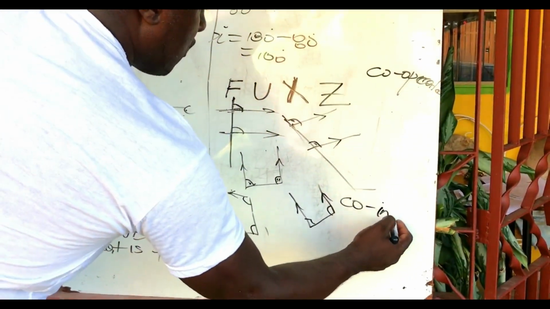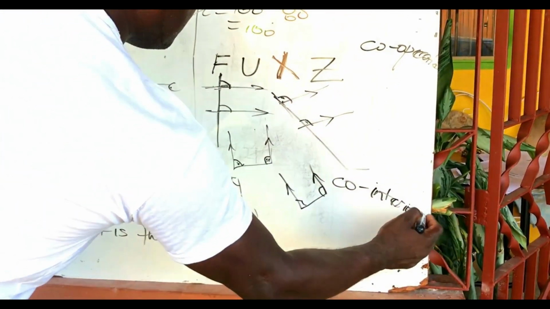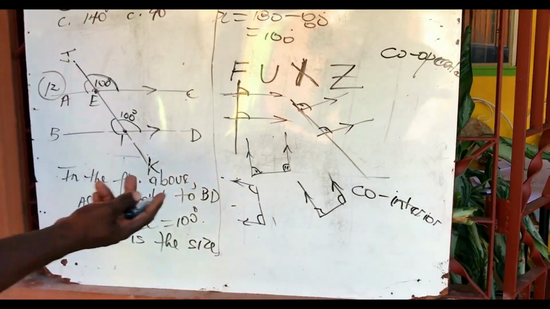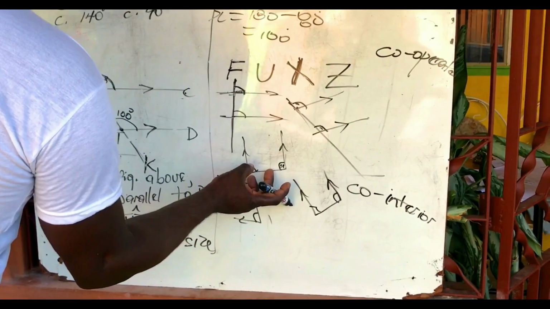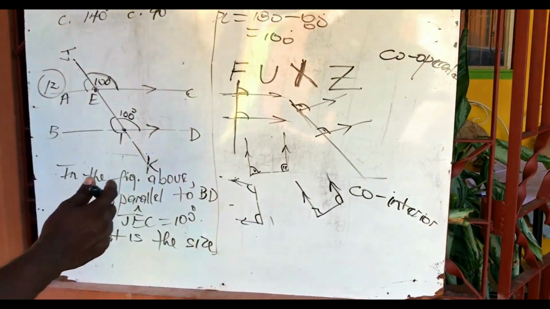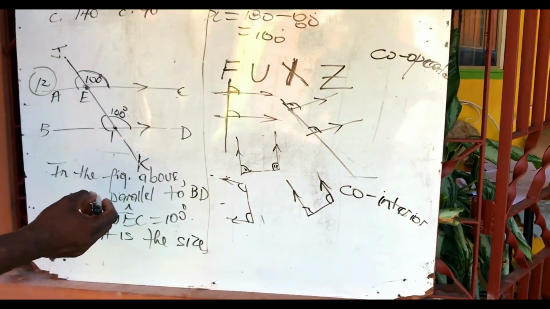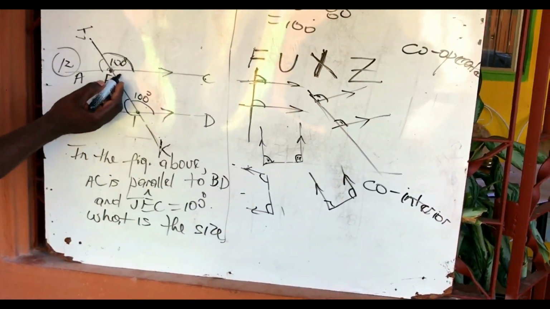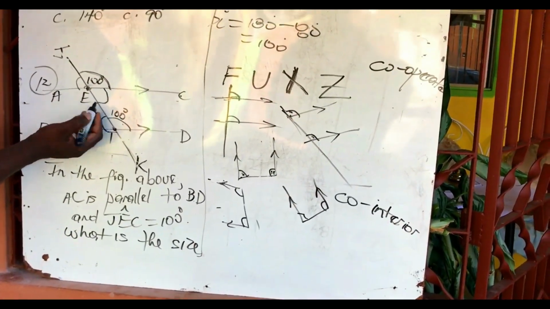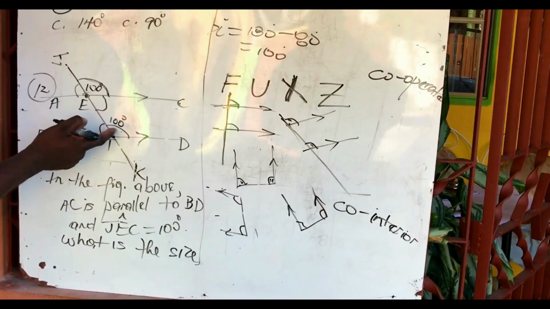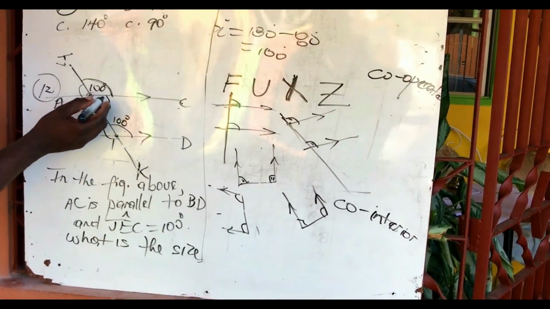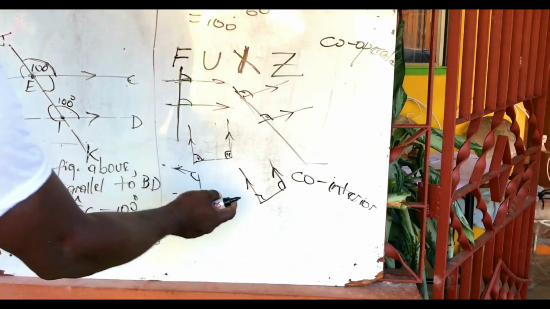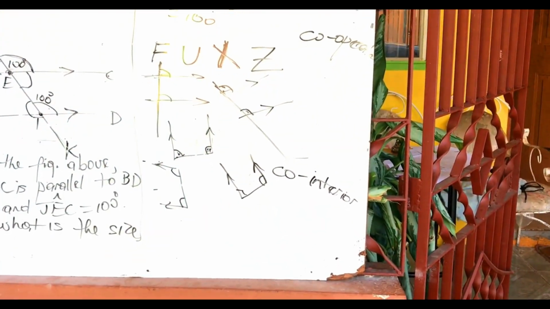Together, these two angles inside this U are what we call supplementary. So in fact, this is 100 degrees. So if you had this one, you simply subtract 100 from 180 and you get 80 degrees, because supplementary angles are two angles that add to give us 180 degrees.